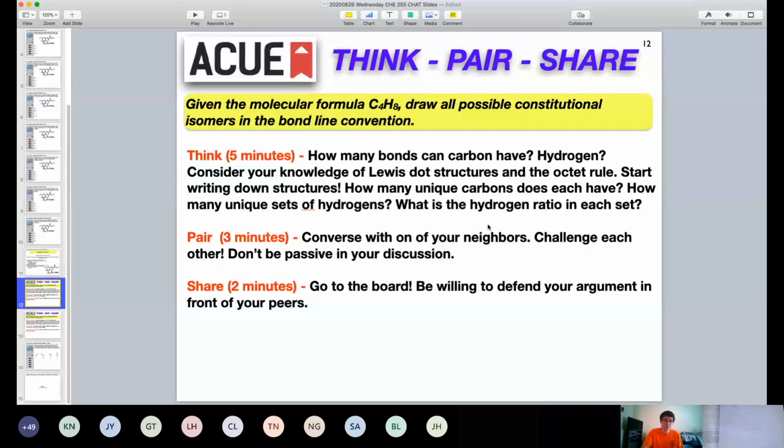So if you're given a molecular formula, C4H8, run through the calculation we just did. So given C4H8, how many degrees of unsaturation are present in that molecule?